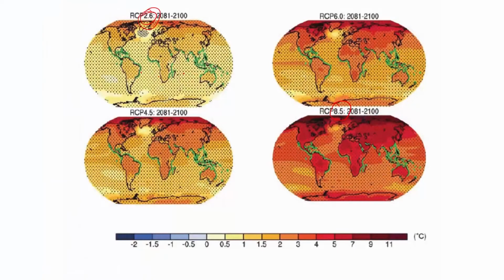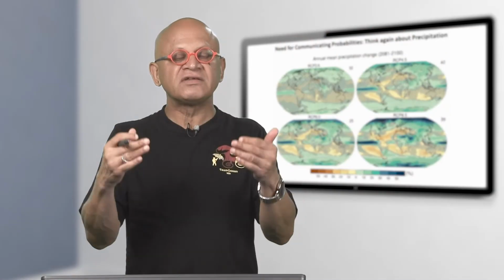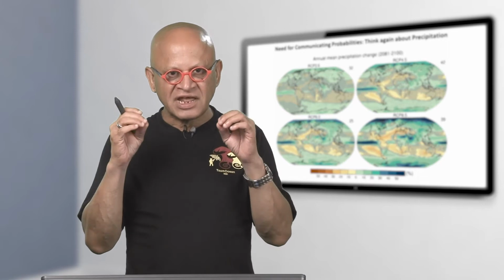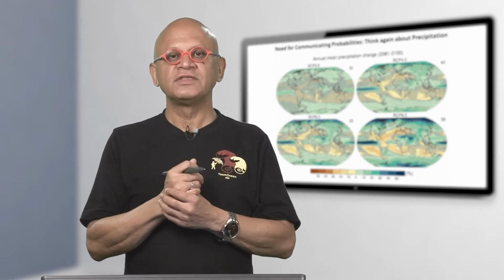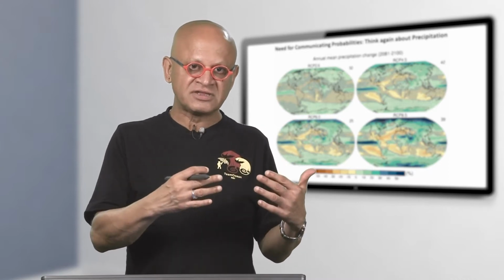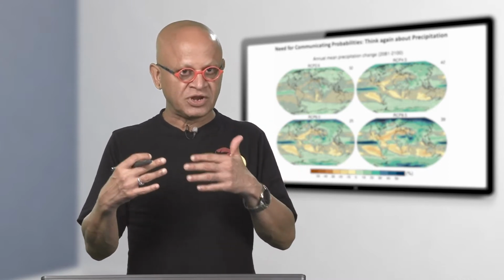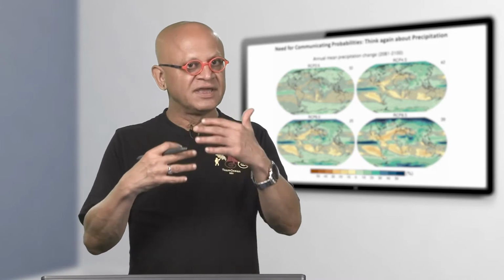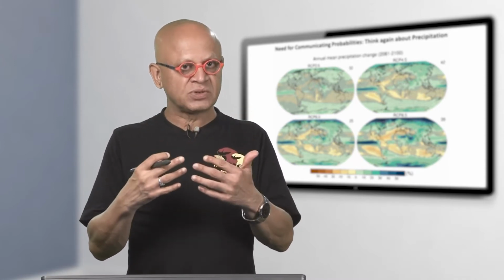Okay, so when it is hatched like this, that means the confidence is not as high, or it means that the projected variability is within 1 standard deviation of the natural variability, which means you cannot say that is a change with great confidence. You assume that it's essentially within natural variability.